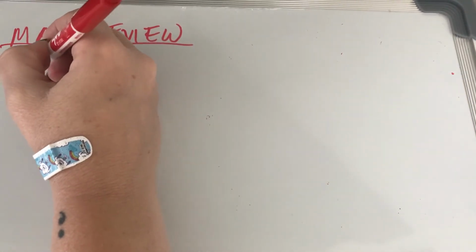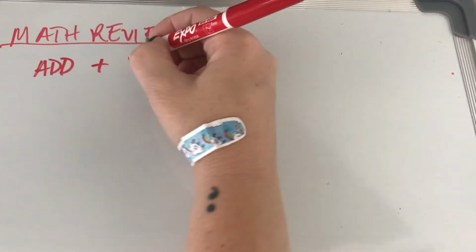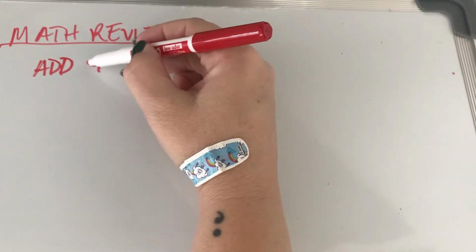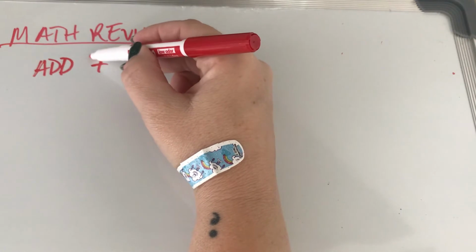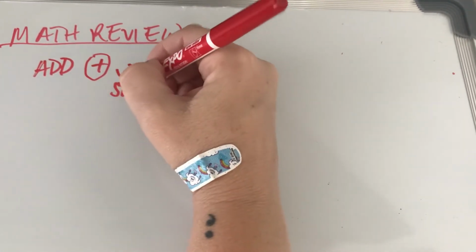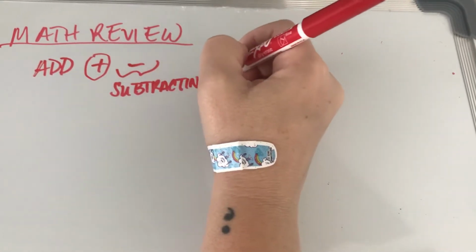So when you add a positive and a negative, it's basically just like you're taking that first number and subtracting the second number.